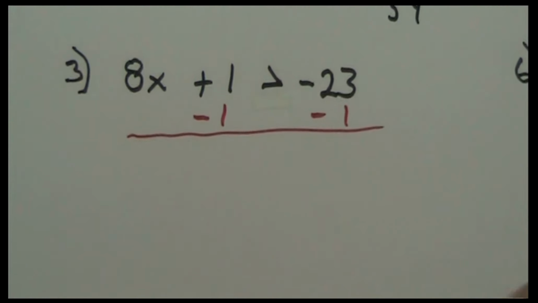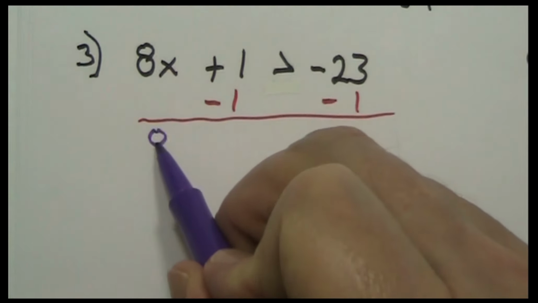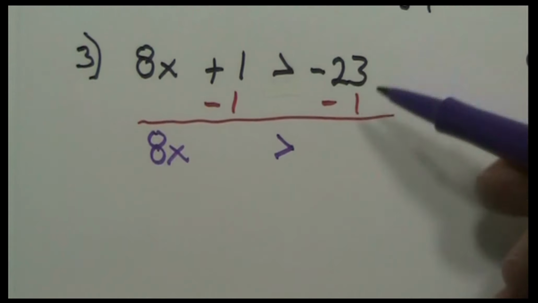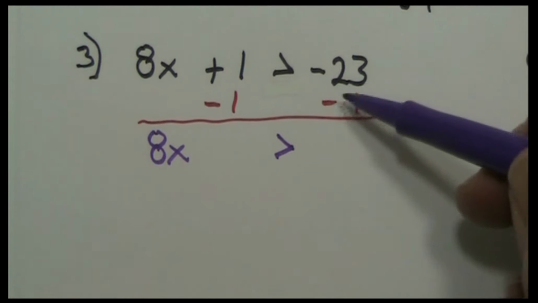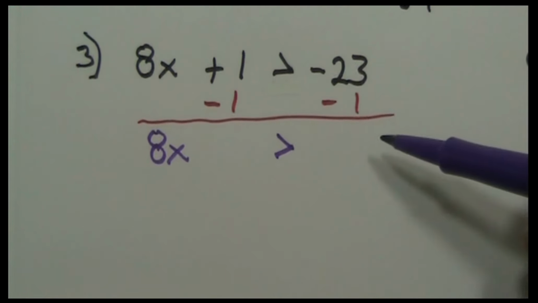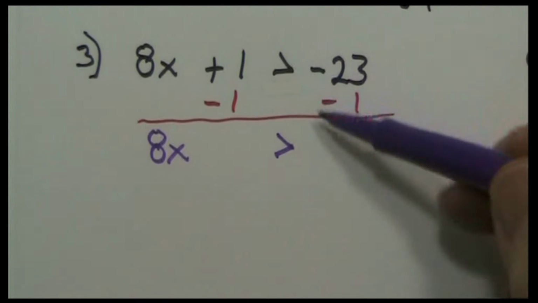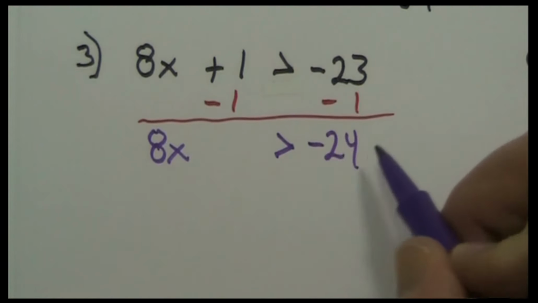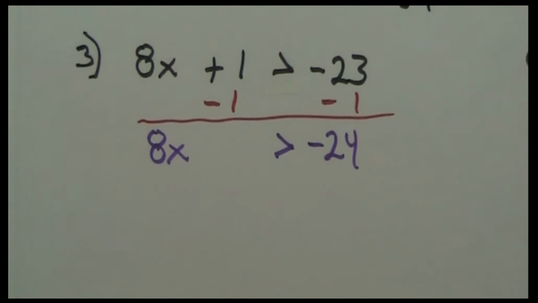That leaves us with 8x more than, let's see, -23 negatives and 1 negative. Together, that would make, think of temperature or flavor on your mouth, 24 negatives.